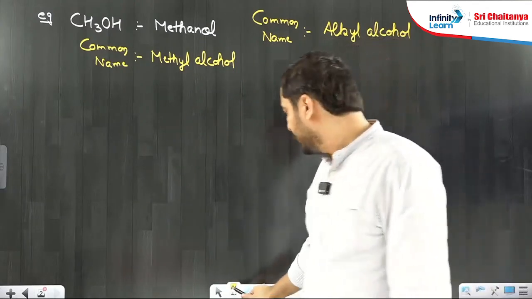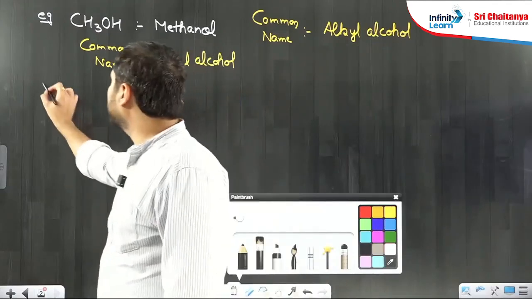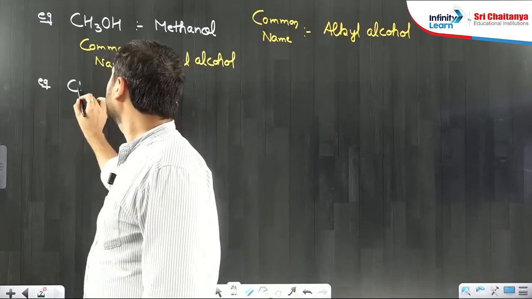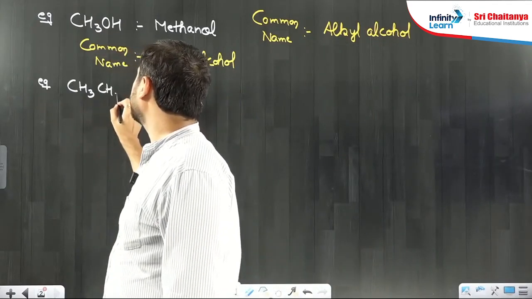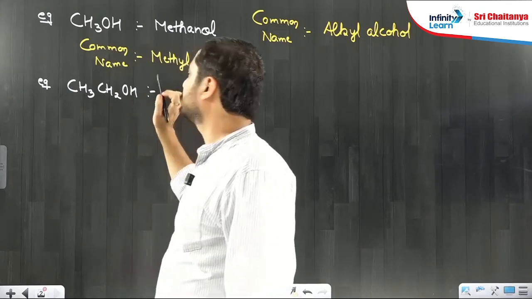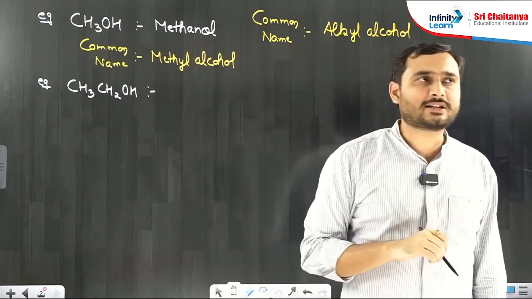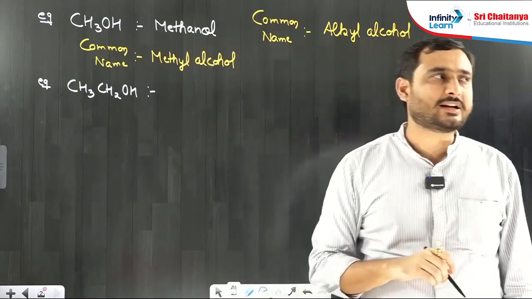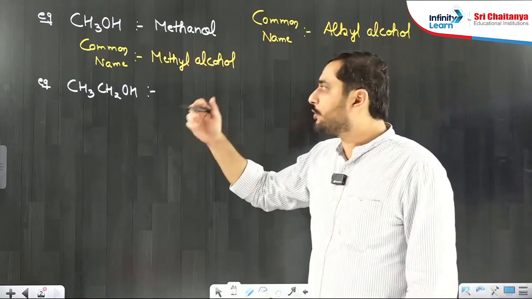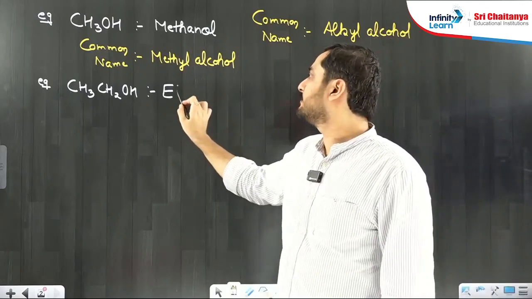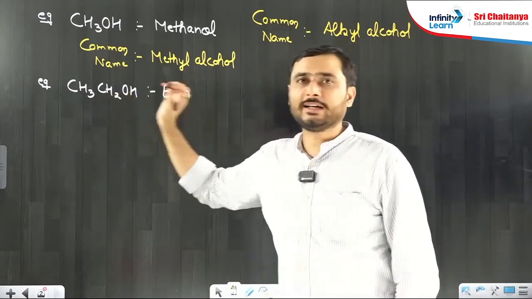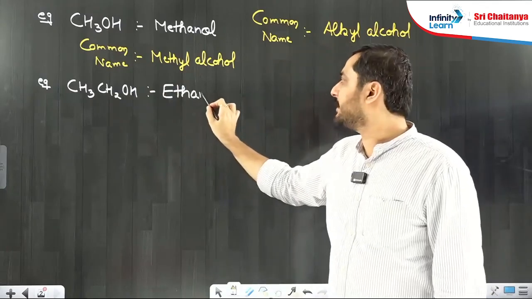Clear students? Now the next simplest example, if we take CH3CH2OH. How many carbon atoms are present? 2 carbon atoms are present. Now what is the word root for 2 carbon atoms? Eth. Now the carbon chain contains a single bond. So what do we have to write? Ethane.